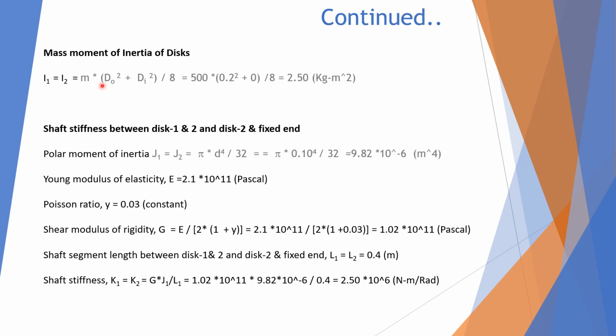First of all, the mass moment of inertia of disc I1 is equal to mr squared by 2. It is calculated as 2.5 kg per meter square, and shaft stiffness is calculated. The polar moment of inertia is 9.8 into 10 to the power minus 6 meter to the power 4, and the stiffness, after putting in the polar moment of inertia and G, is coming as 2.5 into 10 to the power 6.